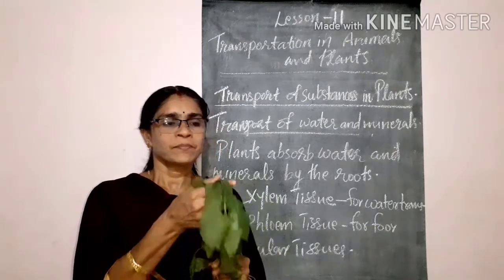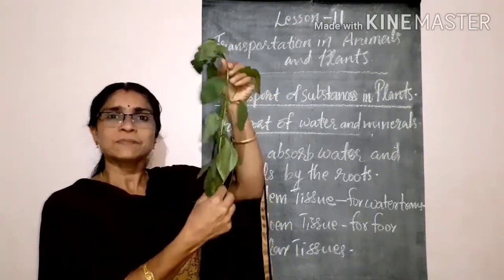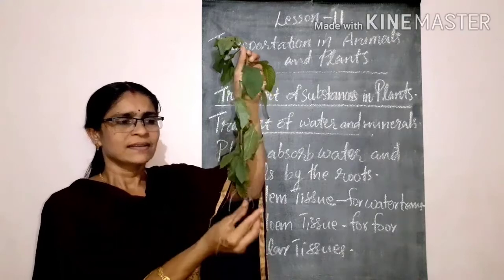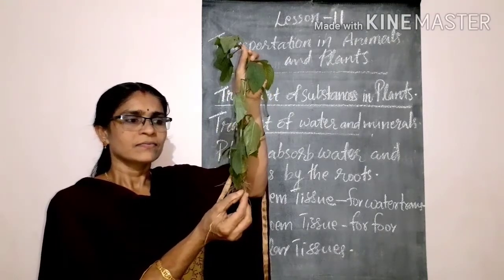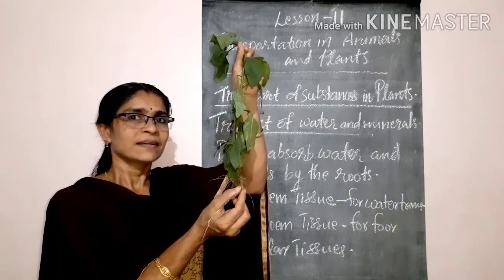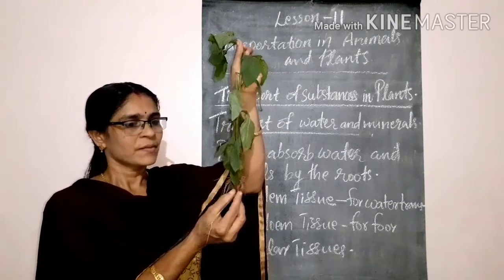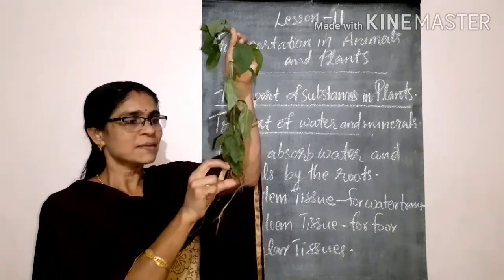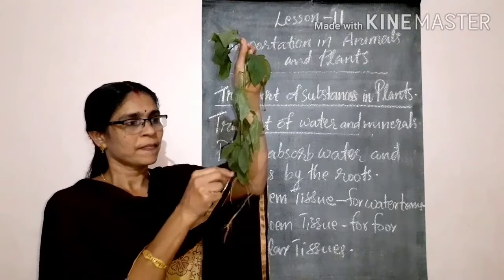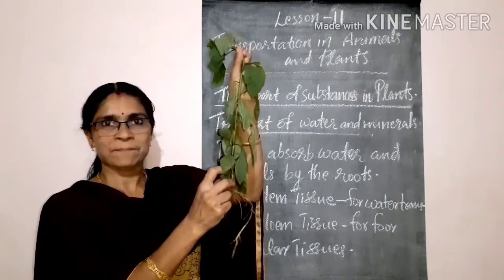Can you name the parts of this plant? Which part is this? Root. One main root and subsidiary roots we can see. The next, stem.